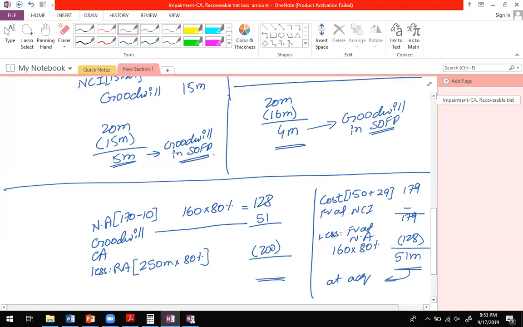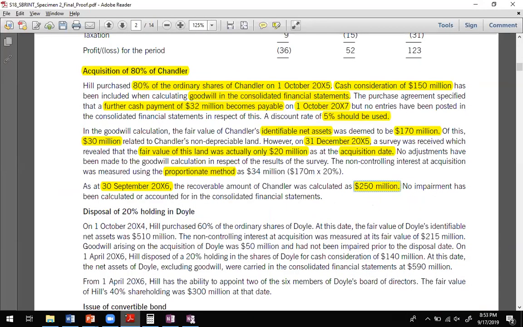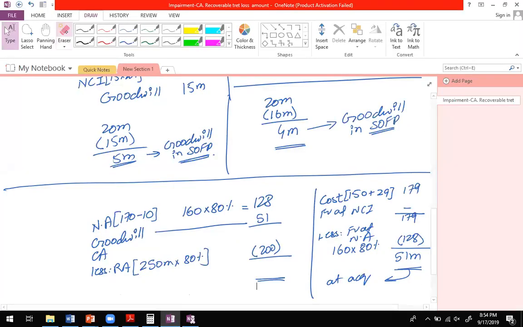But there's one more very important problem: we are testing for impairment at 30th September 2026, which is the year end, and the net assets were 160 at the date of acquisition. This means that we cannot use the net assets at acquisition to calculate the impairment loss. Rather, we need the net assets at the year end.